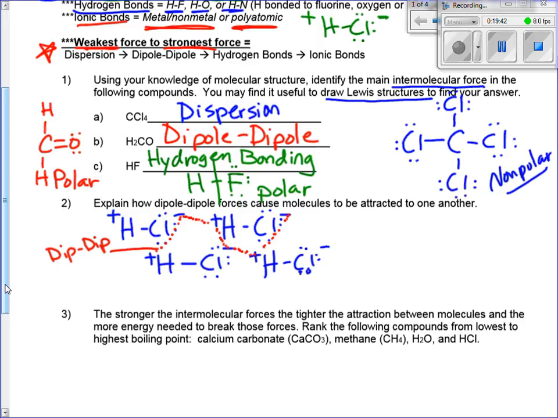Now, how do we explain this in words if we want to say how they are attracted to one another?